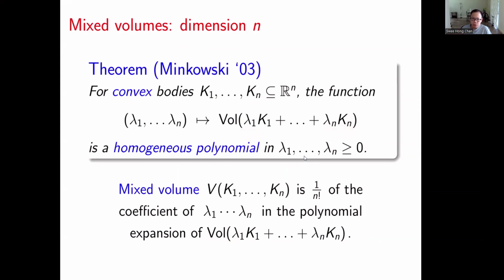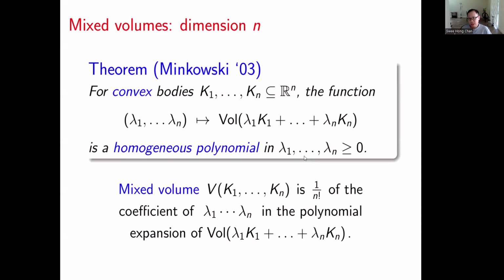And it was proved by Minkowski around 120 years ago that this is again a homogeneous polynomial with positive coefficients. And the mixed volume of these n many polytopes is defined to be the coefficient of this polynomial expansion. That is how we define the mixed volume.